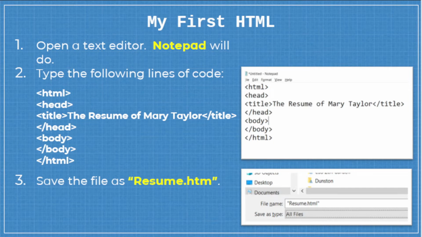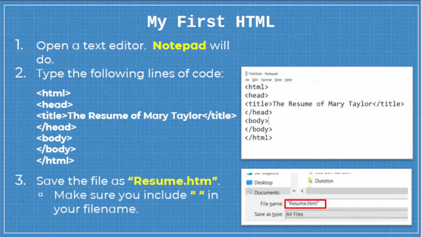Now, some important rules. Number one, make sure you include the double quote in your file name, just like what you see in the red box. By the way, include the L there: resume.html. Although resume.htm would still work, since we are learning HTML, we will include the L in our file name.